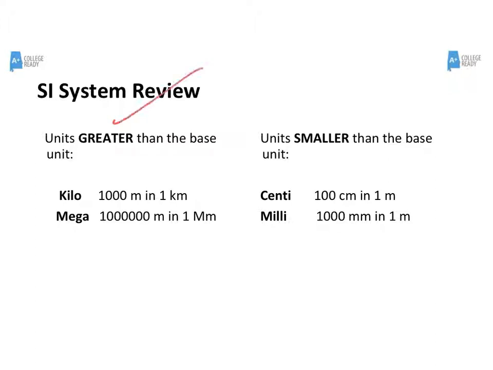Kilo and mega are both units that are greater than the base, and kilo does mean 1,000, 1,000 meters in 1 kilometer. Centi and milli are both smaller units than the base, so there are 100 centimeters in 1 meter, and milli, which means 1,000, there's 1,000 millimeters in 1 meter.